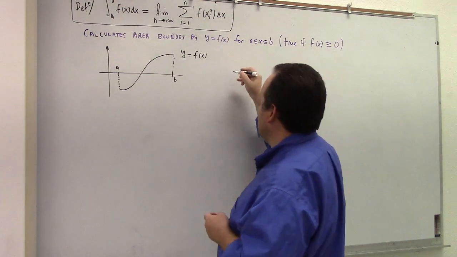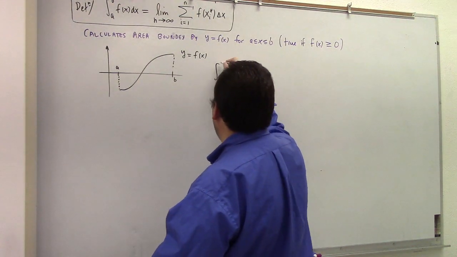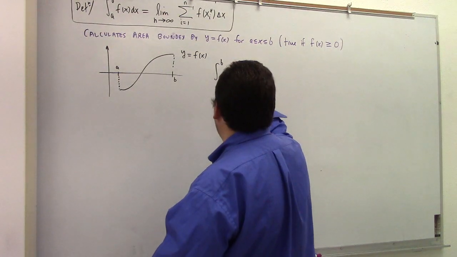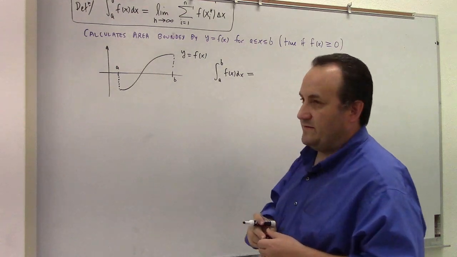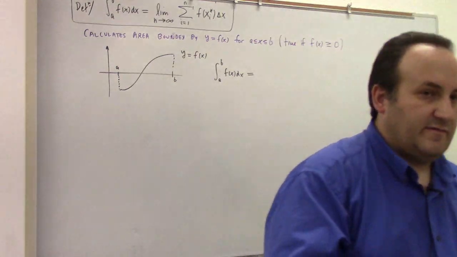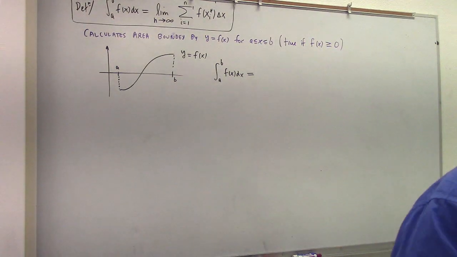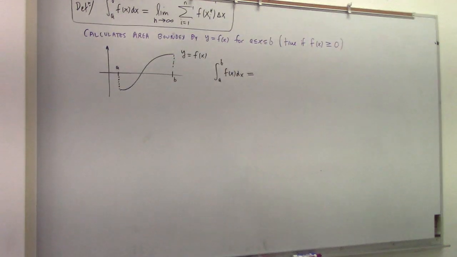So in this case, the integral from a to b of f of x dx wouldn't be the area bounded by y equals f of x. It would be what we call the signed area.